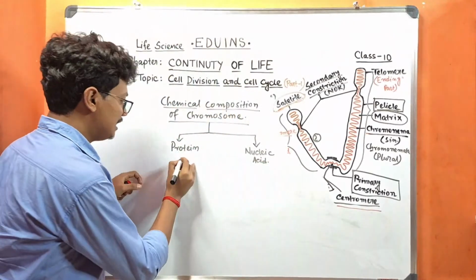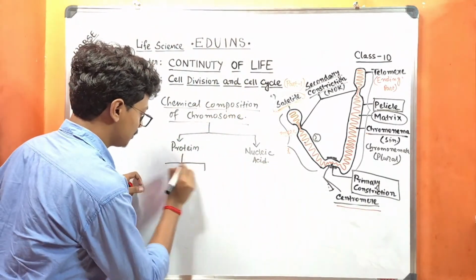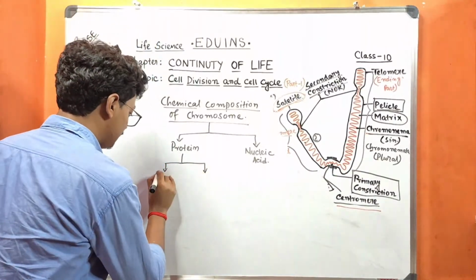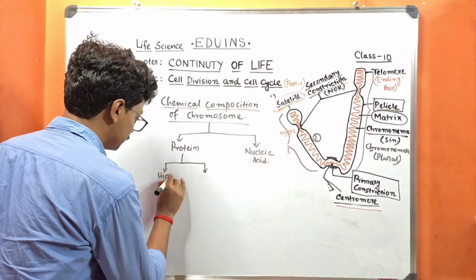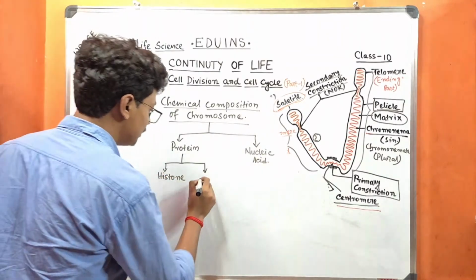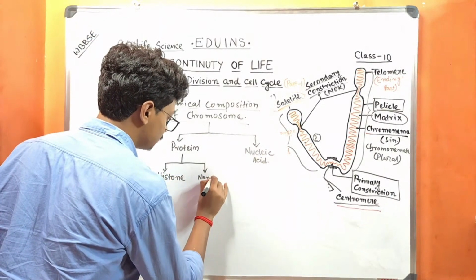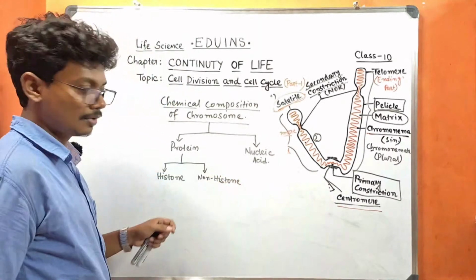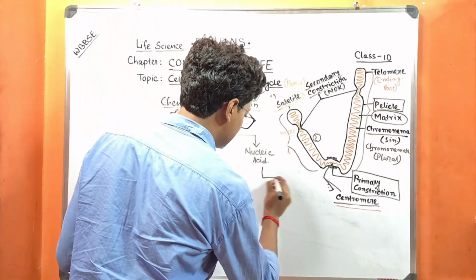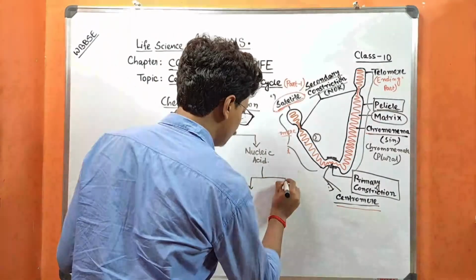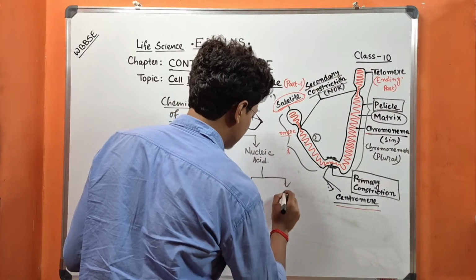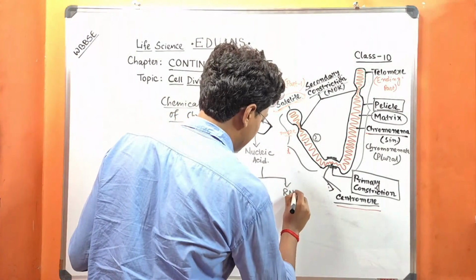These proteins are also present in two forms, that is histone and non-histone. And the nucleic acid has two forms, one is DNA and another is RNA.